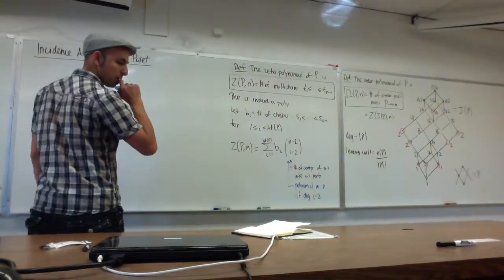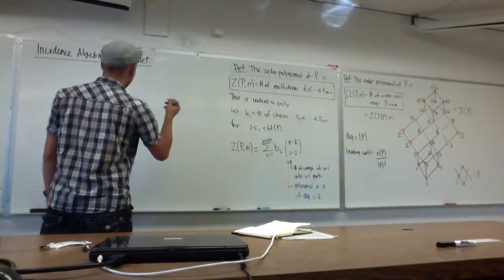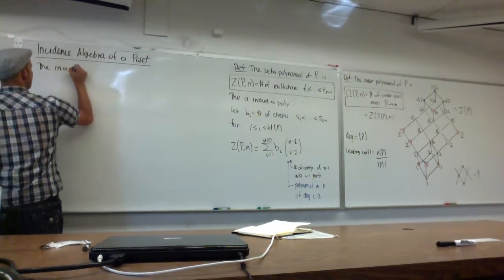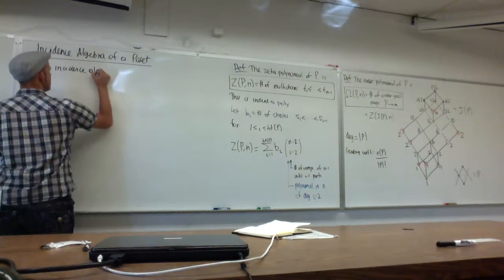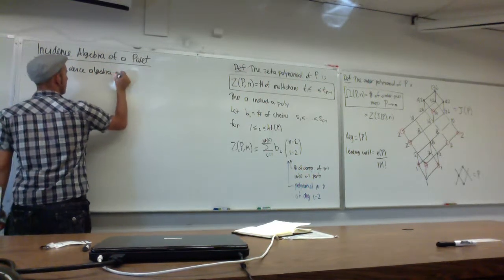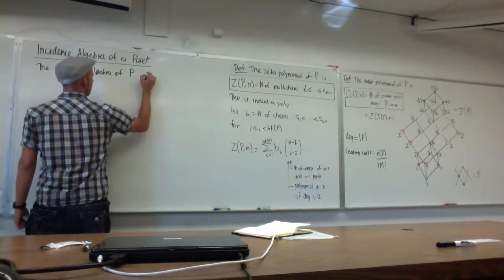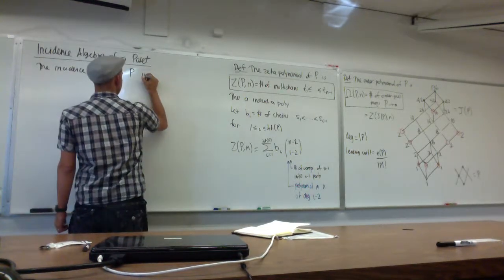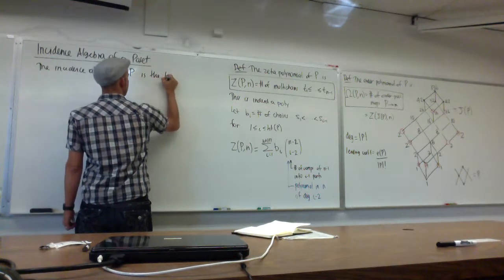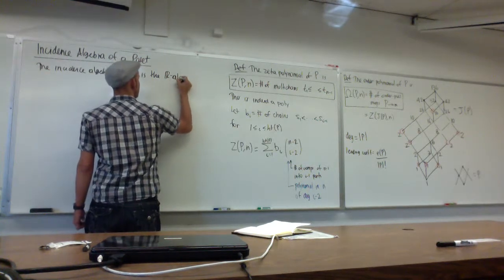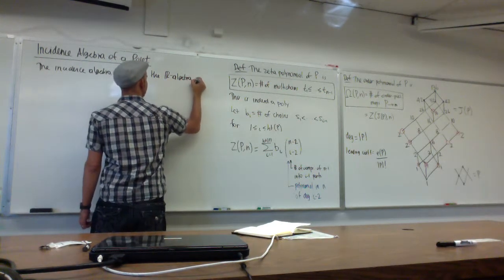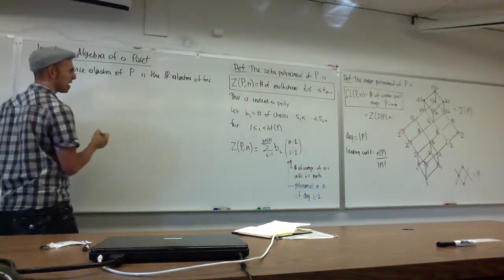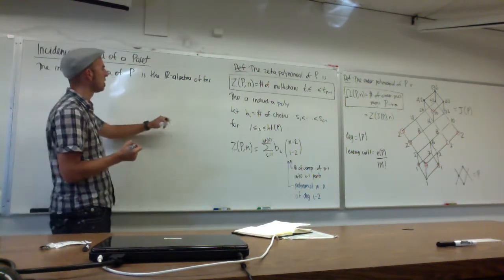So the incidence algebra of a poset P consists of the real algebra of, and I'll remind you what this means in a second, or maybe tell you what this means if you haven't seen this before.